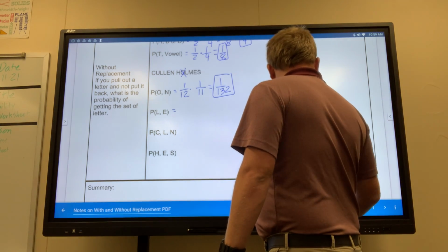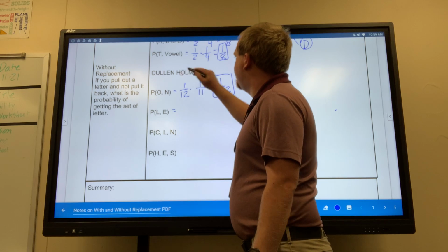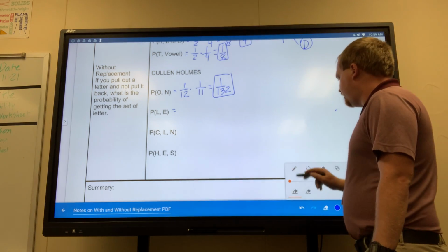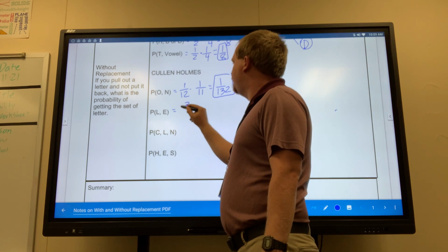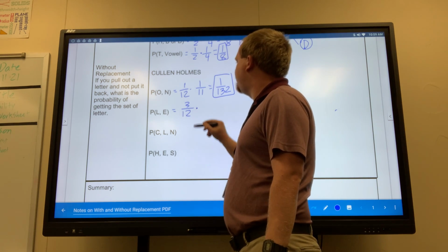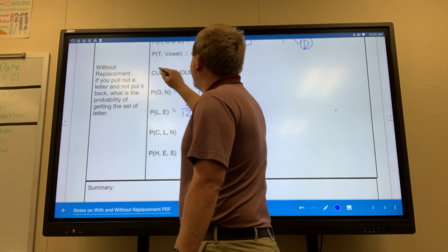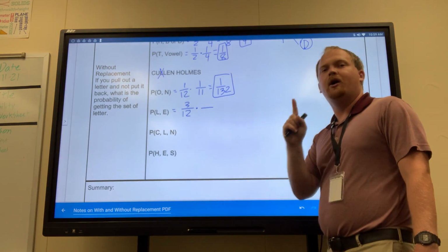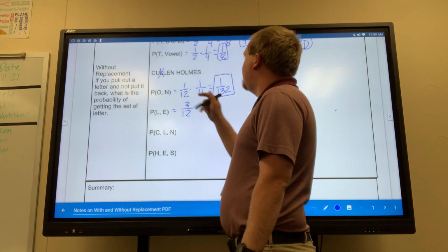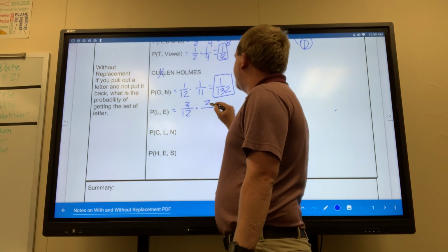Now, imagine if I draw an L, then an E. Well, let me get rid of this O real quick so we can see it. So let's think of how many L's there are. So there's 1, 2, 3 L's out of 12 letters. So if I draw out one of them, I want to get an E. So I have 2 E's out of 11.